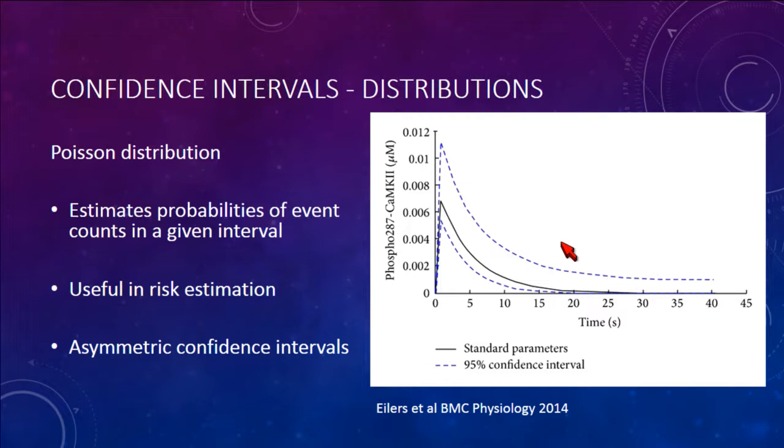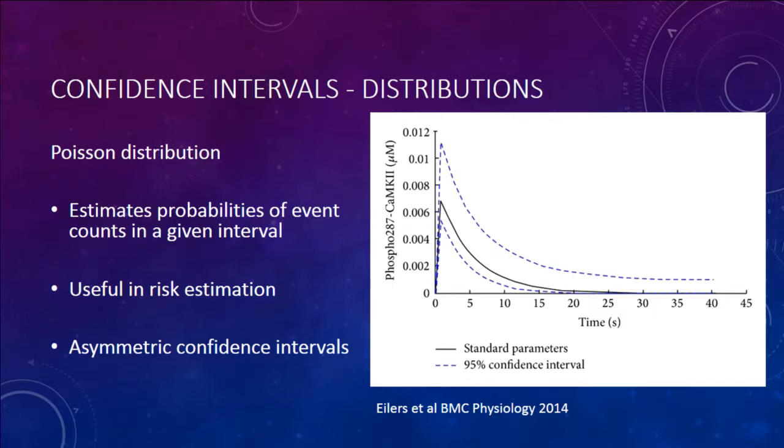For Poisson distributions, this gets a little bit more complicated. So a Poisson distribution is a very useful distribution when you're talking about estimates of probabilities of an event in a given interval. The Poisson distribution basically says how many events happen in our population of interest within a given period of time, and it will then give you the probability of observing some other number of events within a population.